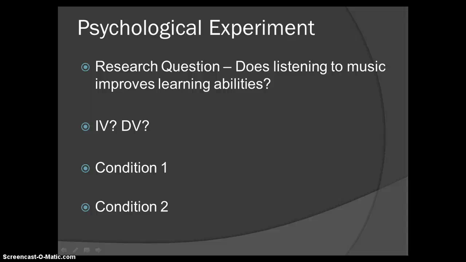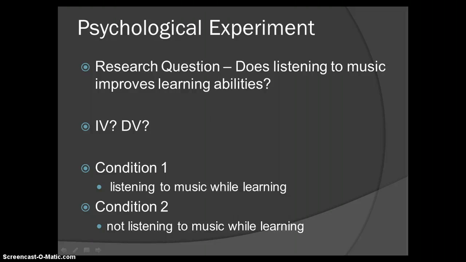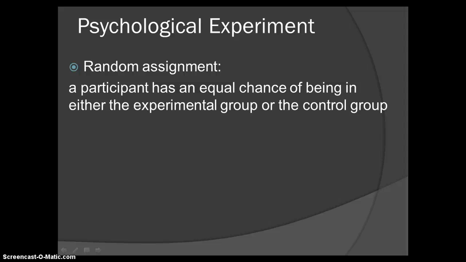So condition 1 would be listening to music while learning, so that's your experimental group, while condition 2 is not listening to music while learning. That's your control group.